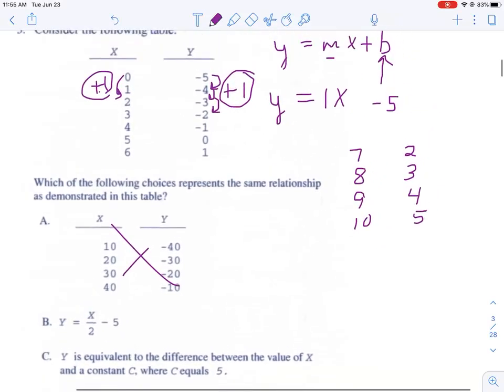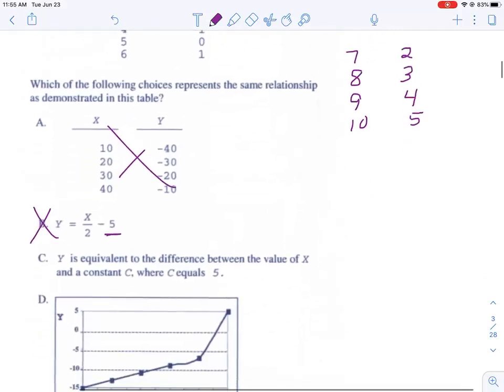Look at the equation that I just wrote out up above, y equals x minus 5. They got the minus 5 right, but they did not get the over 2. If you plug in 0, you're going to get negative 5. If you plug in 1, you better get negative 4. We do not. We get negative 4.5, so that one's out.